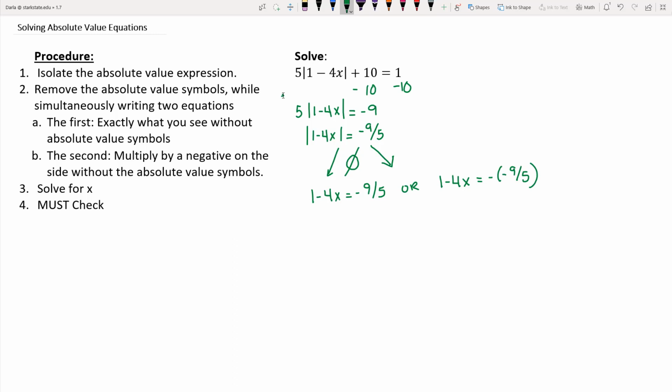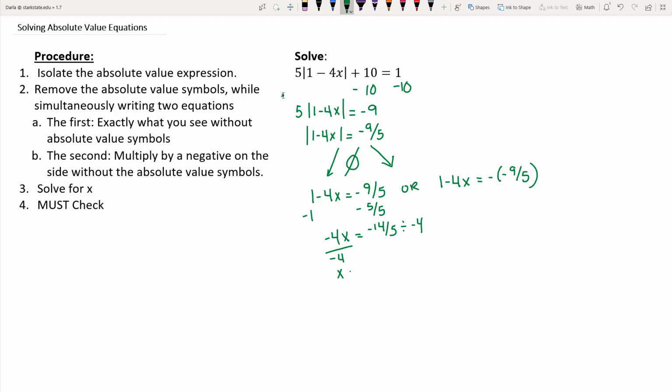And so if we go ahead and solve, we'll subtract 1 from both sides. I'll do it in the form of 5 fifths since that's my denominator. And I'm left with negative 4x equals negative 14 fifths. And then we divide by negative 4.